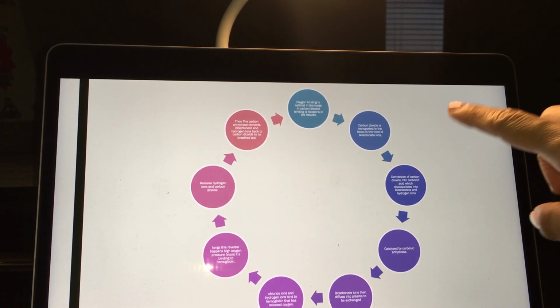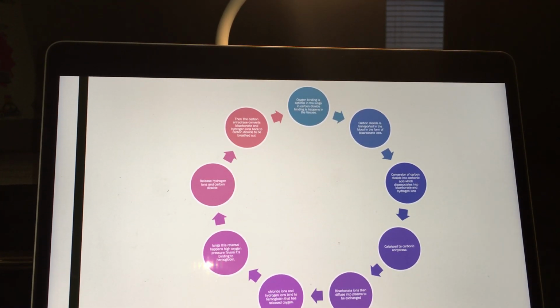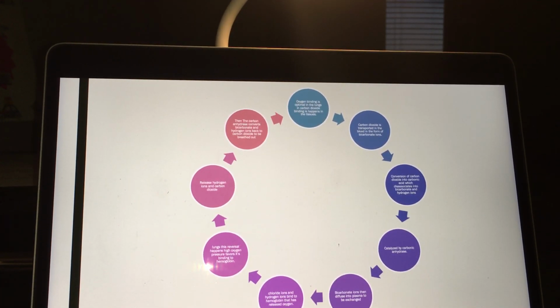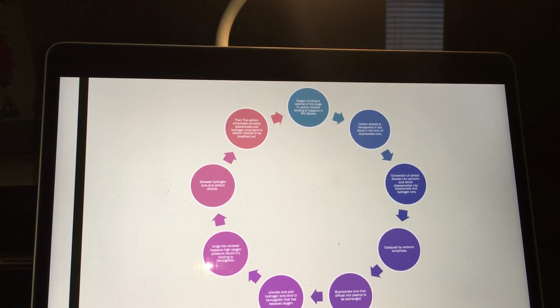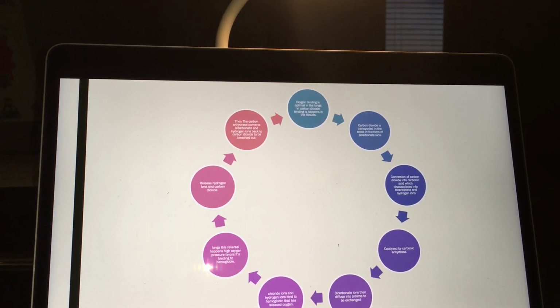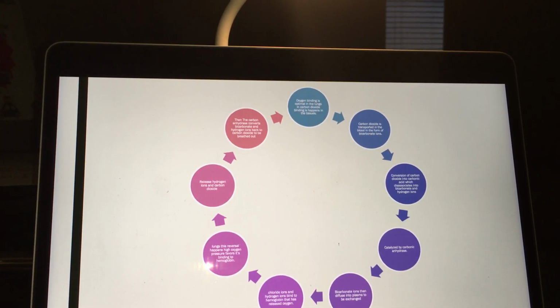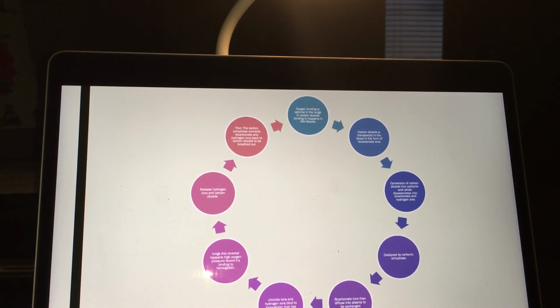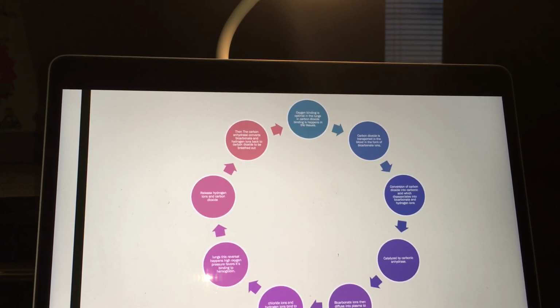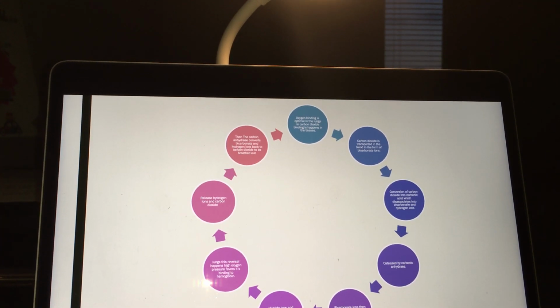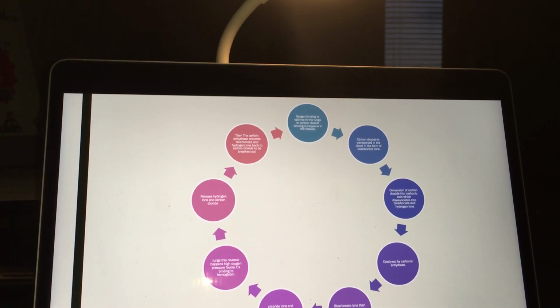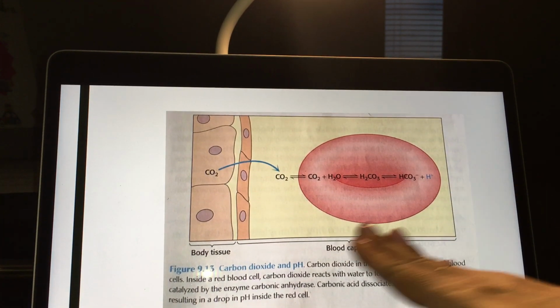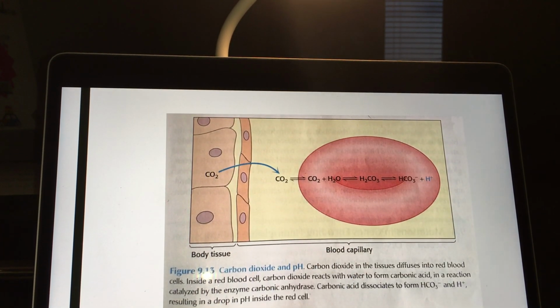Carbon dioxide is transported in the blood in the form of bicarbonate ions. Then it converts from carbon dioxide into carbonic acid, which dissociates into hydrogen ions and bicarbonate. They get catalyzed by the carbonic anhydrase, and therefore here we have a picture of what happens at the tissues.